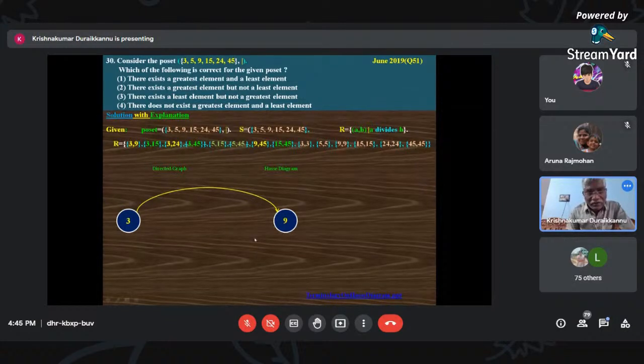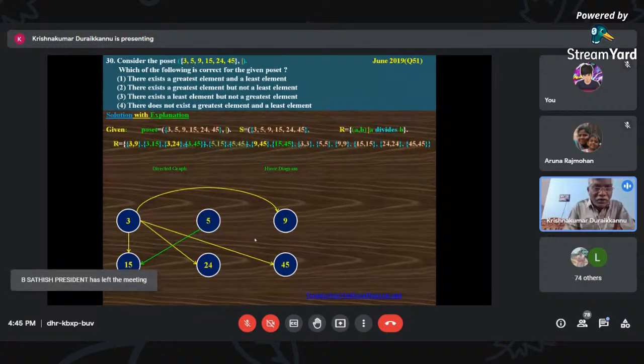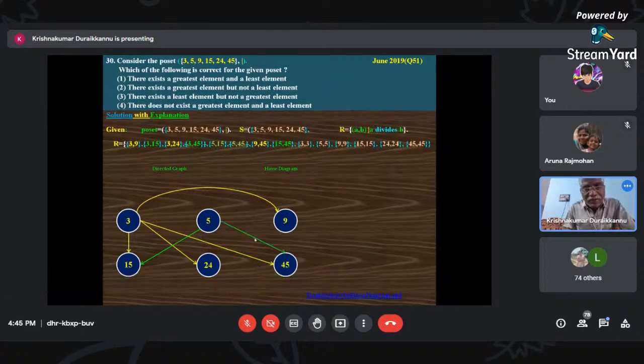Similarly, 3 divides 15, then 3 divides 24, then 3 divides 45. 5 divides 15, so take a close look at the arrow: it goes towards 15. Then 5, 45: 5 divides 45. 9 divides 45. 15 divides 45. The self-loops are the same, so they will not be drawn.